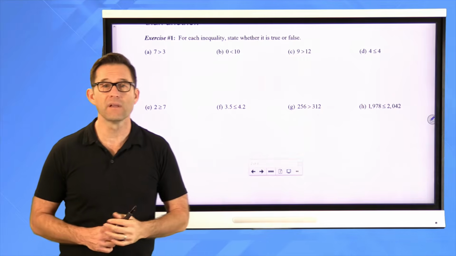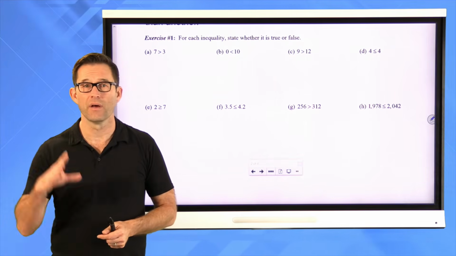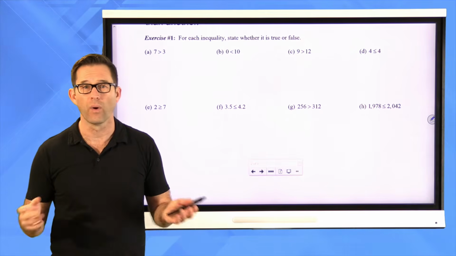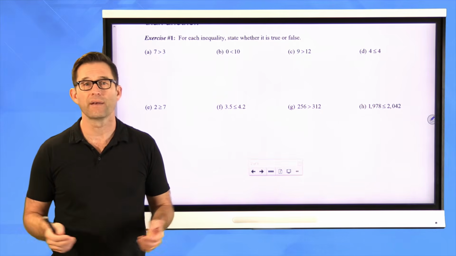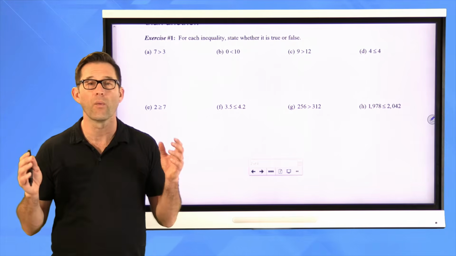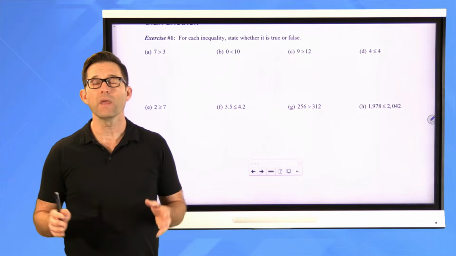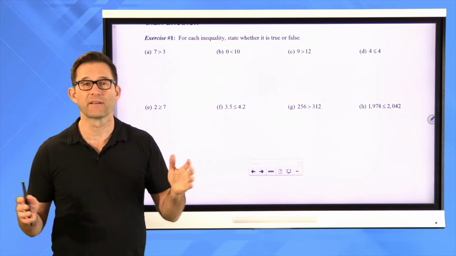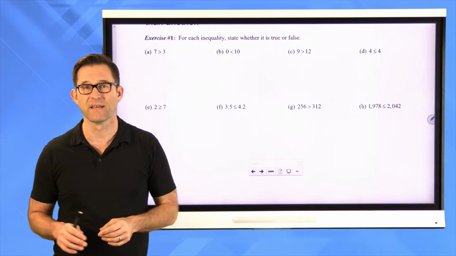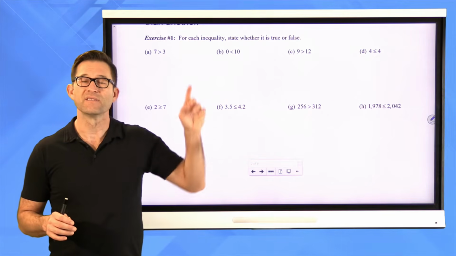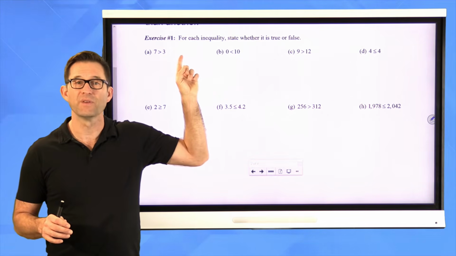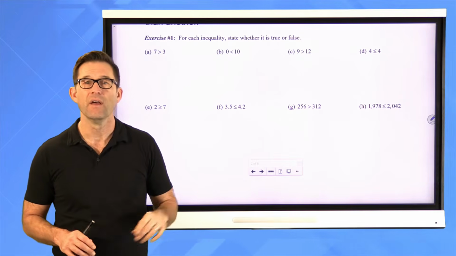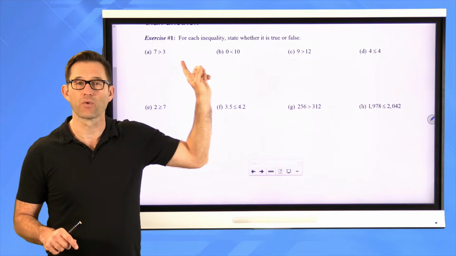If you're still a little bit confused about the direction of that symbol that kind of looks like an angle, if you have to use the crocodile eating the larger number, I don't know what you have to use. For me, there's only really one symbol. Now there's technically two, a greater than symbol and a less than symbol. But the idea is the thing that's on the pointy side is supposed to be the smaller thing, and the thing on the open side is supposed to be the larger thing. So this should be read as 7 is greater than 3.